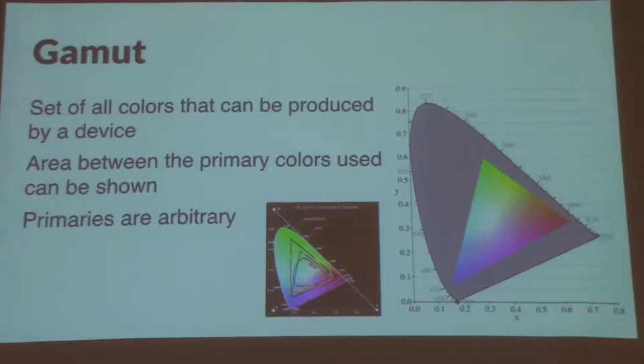We have sRGB, Adobe RGB, CMYK, and then a hexachrome in yellow. Depending on what your printers can do or what your screen can do, this is different, and that's also why colors between different screens look different. If you work in design, for example, you will have to calibrate your monitor to a standard set of colors. And of course, these primaries are arbitrary, so I could pick those 3 points wherever I like on the gamut. Typically you try to pick them to have as wide a color range as possible.